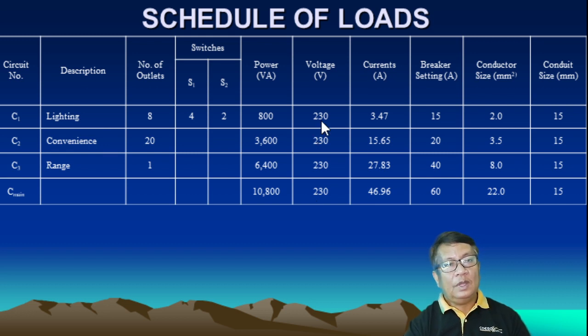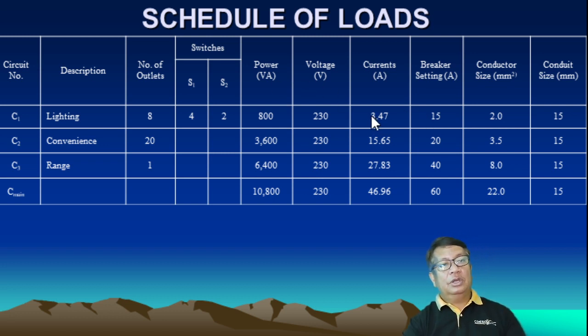According to our formula, we have to determine current here so that we will be able to allocate our breaker setting, or the rating of our protective devices. Our conductor and the breaker setting are rated in current, the ampere. So we have to determine the current.